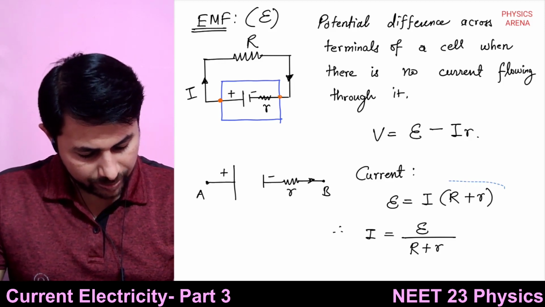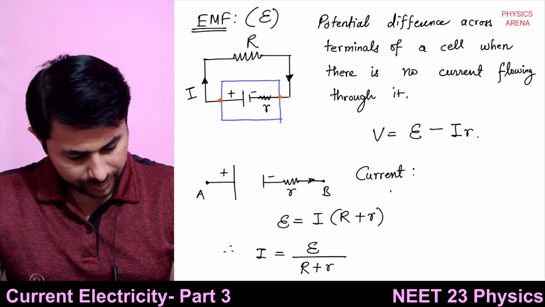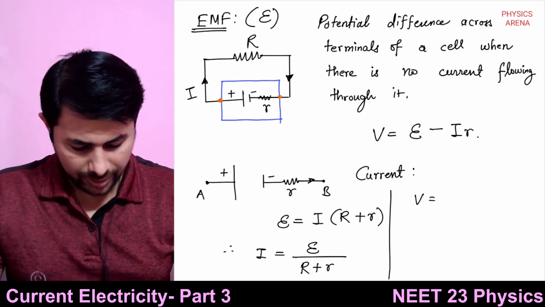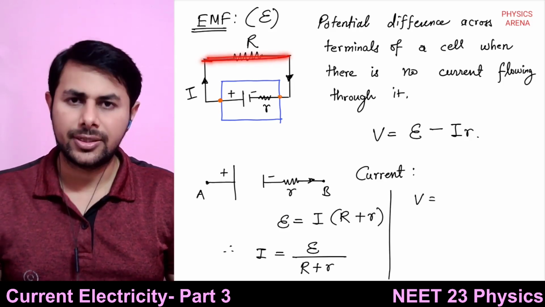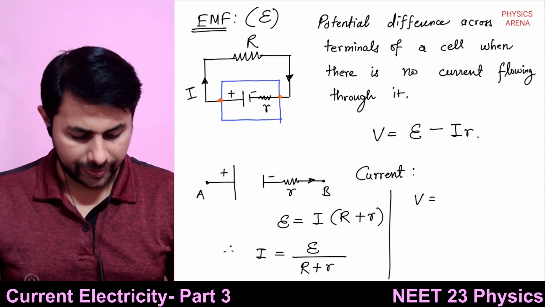And if you want to find out the potential difference when the current is flowing, V is equal to what? The potential difference across this resistance, or between these 2 points, is the same.